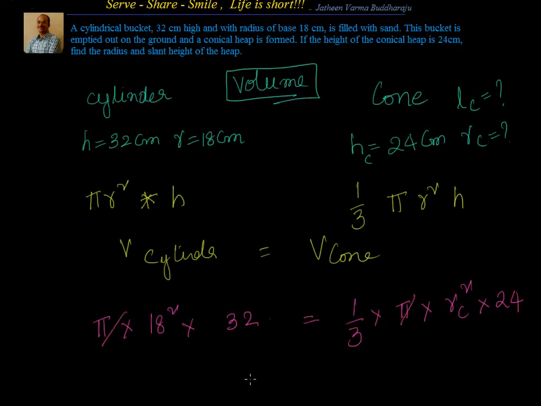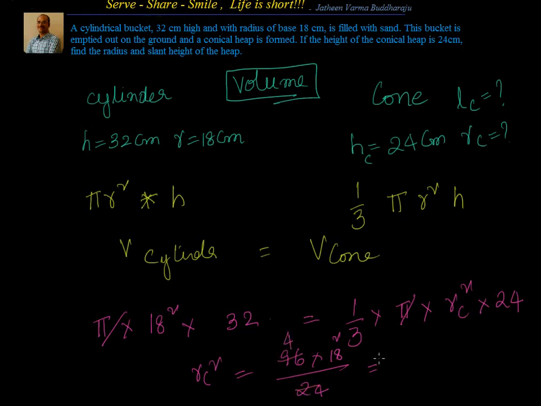Pi will cancel out. Let us say RC square equal to, if I take 3 there, it will become 96 into 18 square divided by 24.